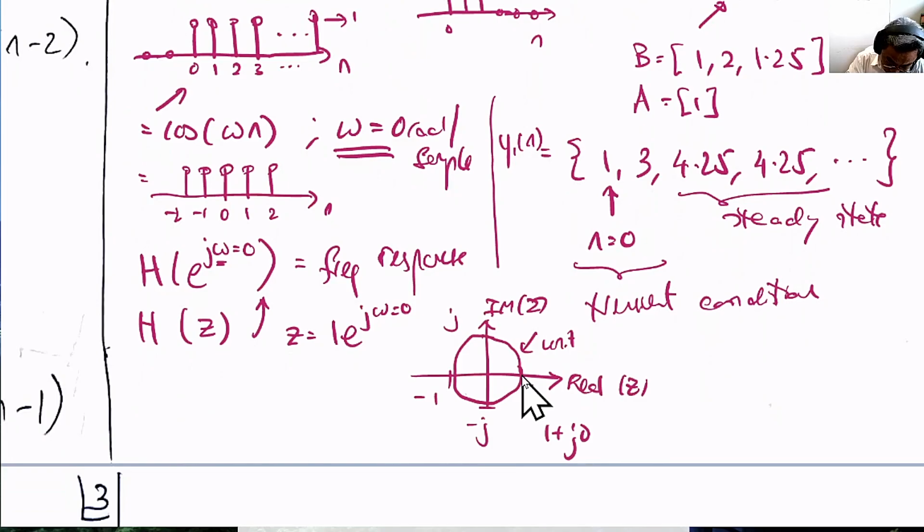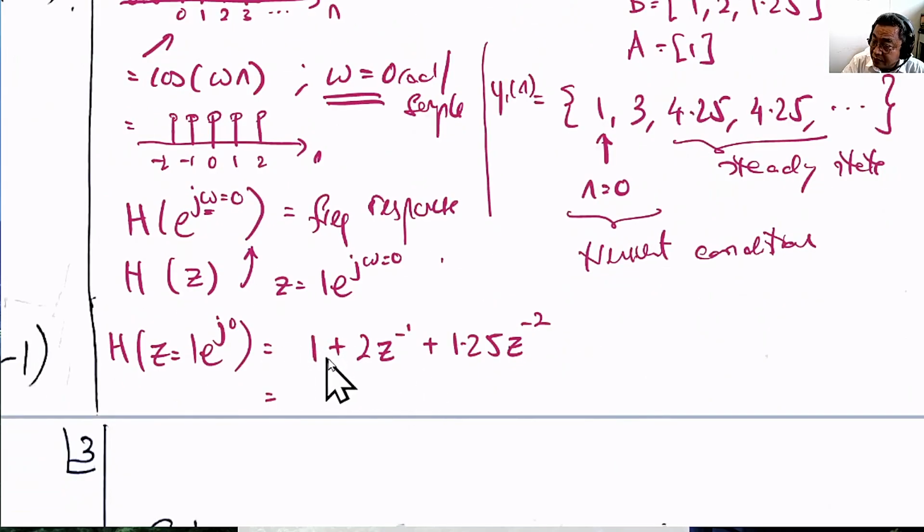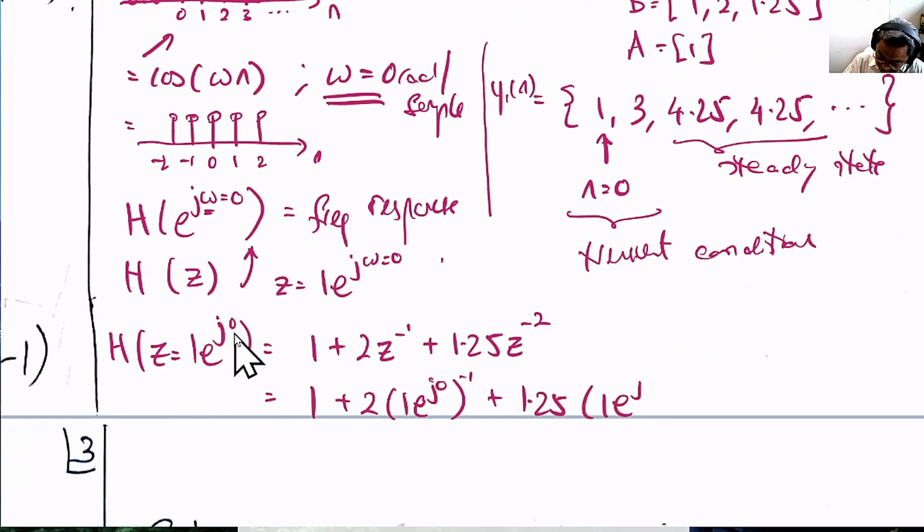Now let's try. We're saying z equals 1·e^j0. So when we substitute this into our H(z), let's see what we get. First, let's write down H(z), which is this polynomial in z to the power of minus 1. Now we substitute z equals 1·e^j0. So it is 1 plus 2 times (1·e^j0) to the power of minus 1, plus 1.25 times (1·e^j0) to the power of minus 2.